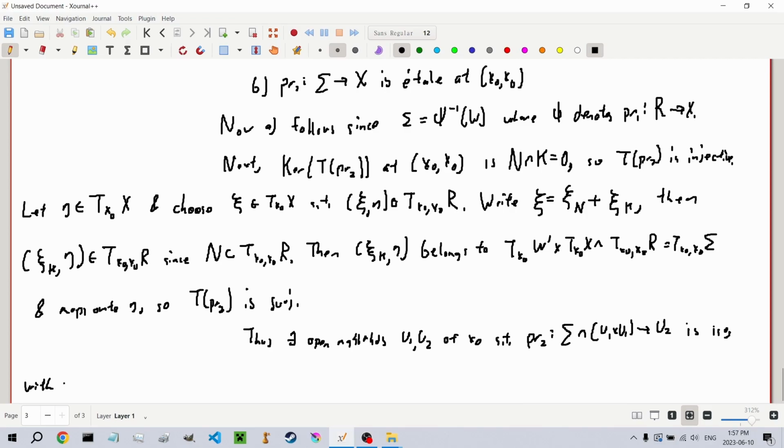With an inverse, we're going to denote f, which must have the form f sending x in U2 to r of x comma x.